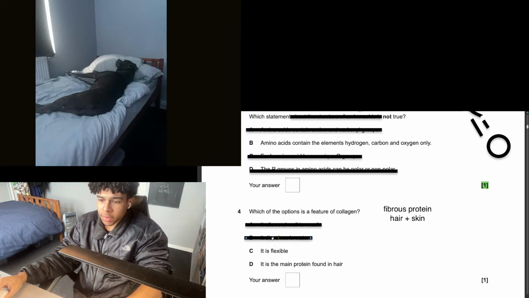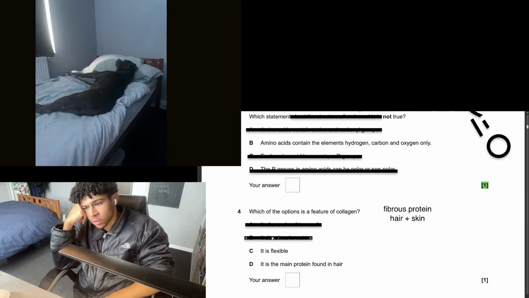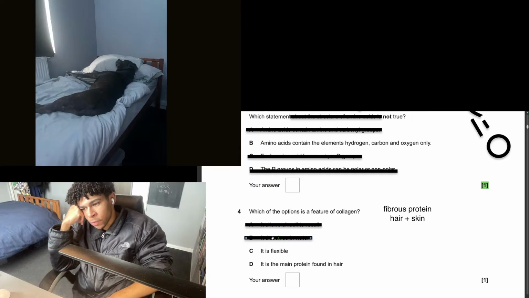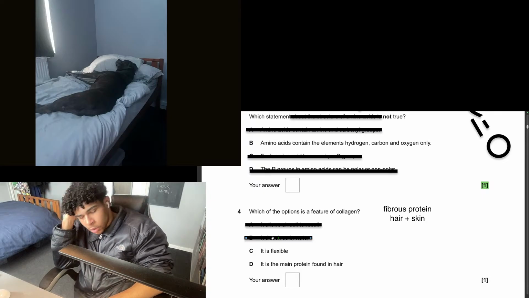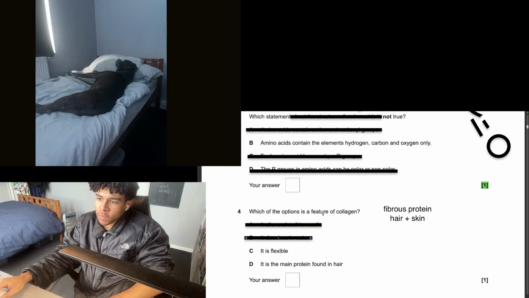No. It's flexible. Here's the thing. Our skin is flexible, but I don't think it's the main component found in hair. I'm pretty sure it's mainly found in skin. I think hair is like keratin. No, I don't know what's found in hair. I'm pretty sure it's flexible though.